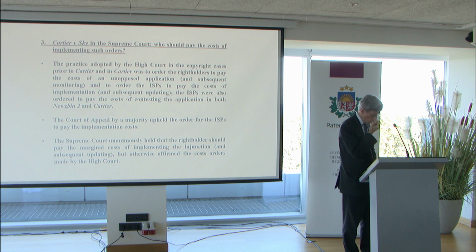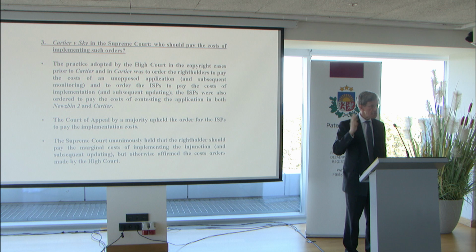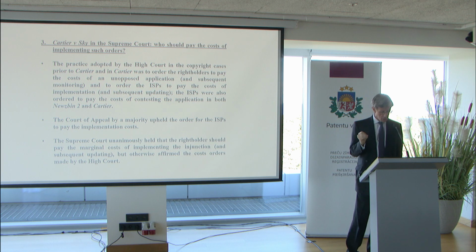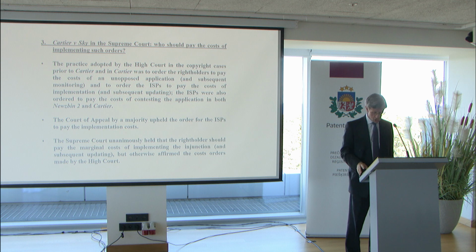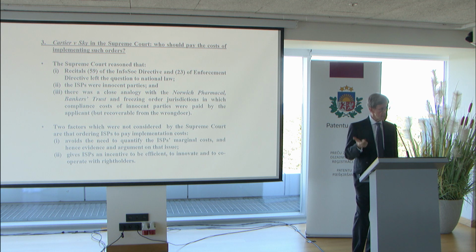The Court of Appeal upheld that order by a majority. The Supreme Court disagreed. They said that the right holders should pay the marginal costs of implementing the injunction and subsequently updating it, although otherwise they agreed with the cost orders that had been made by the High Court. And if you look at the reasoning consists of 3 elements.